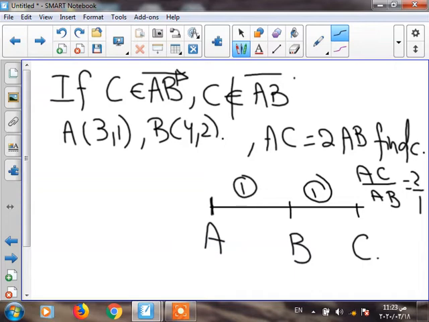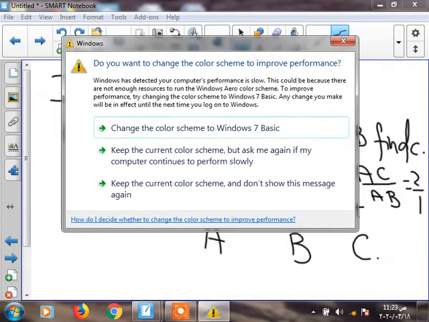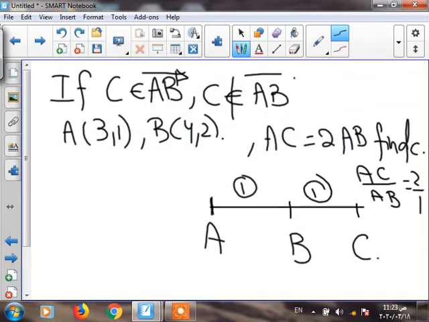So we want to get the point C. The point C divides AB in the ratio 2 to 1, not 1 to 1, because here the parts are 2 and 1, 1 and 1, but C here is outside.